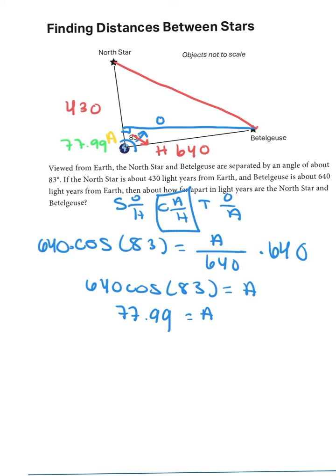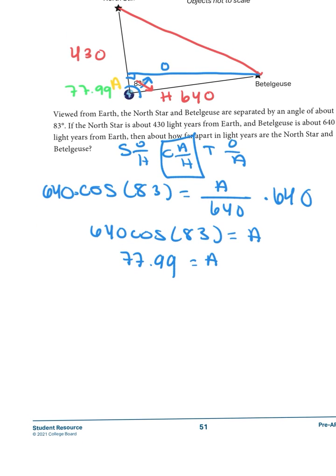Okay, so that means that I have A and I have the hypotenuse here, so I can find O now. Remember, this itself is a right triangle, so I can do the Pythagorean theorem with this small triangle, okay?